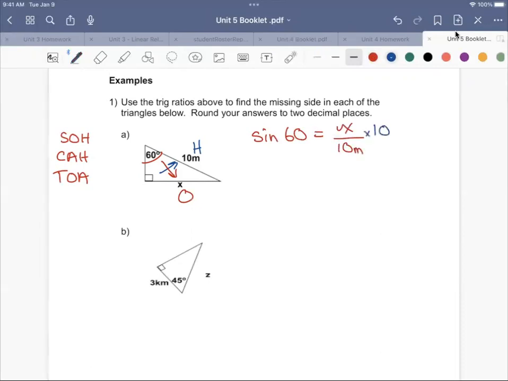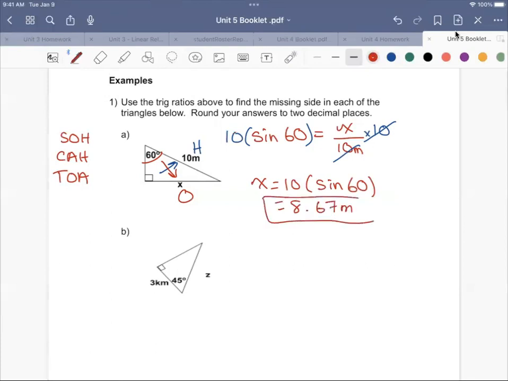I'm going to multiply by 10 to get rid of that. So I end up with x is equal to 10 times sine of 60. If I type sine of 60 into my calculator and times that by 10, I get 8.67 meters.